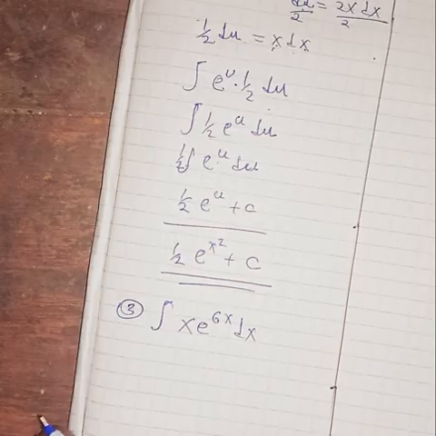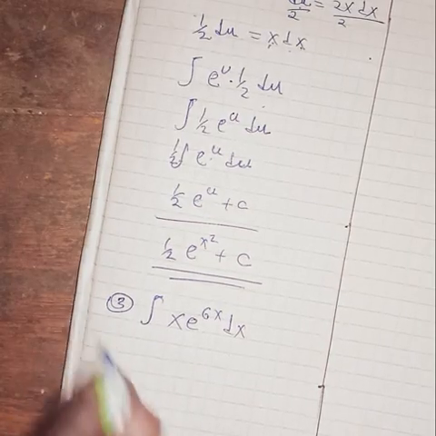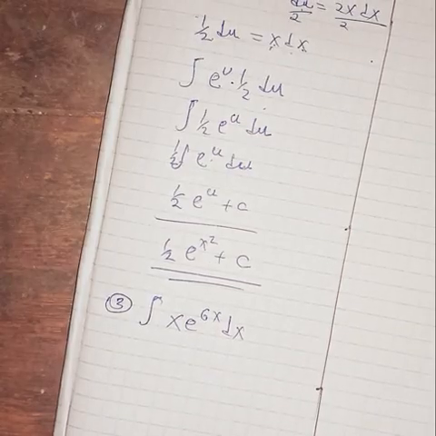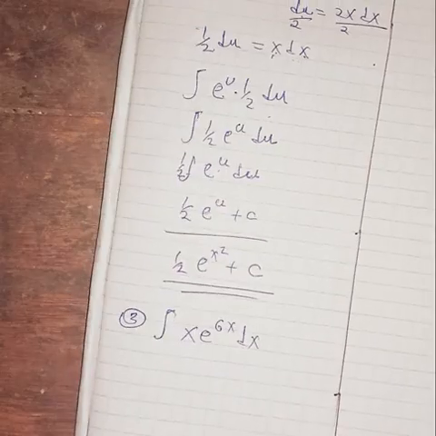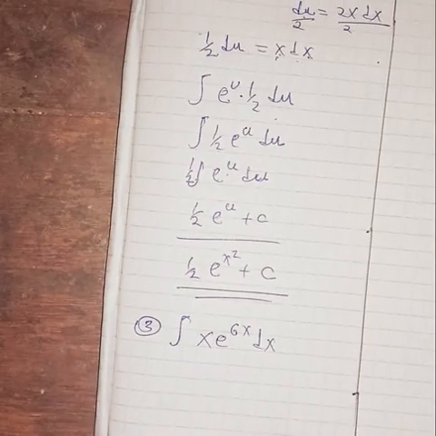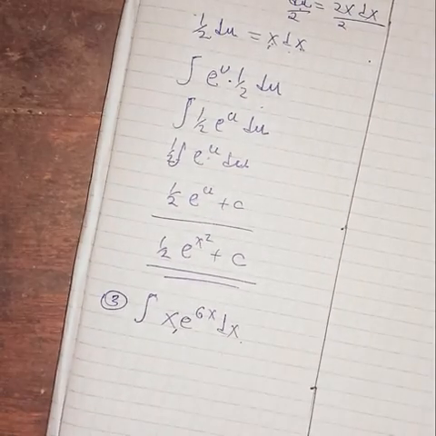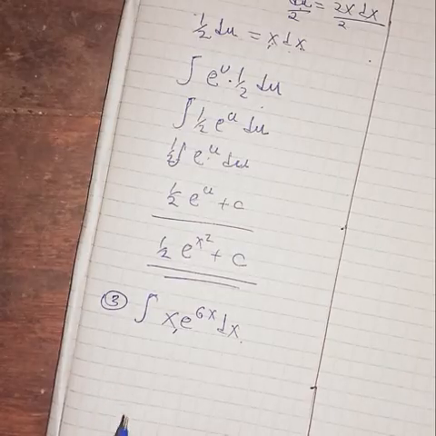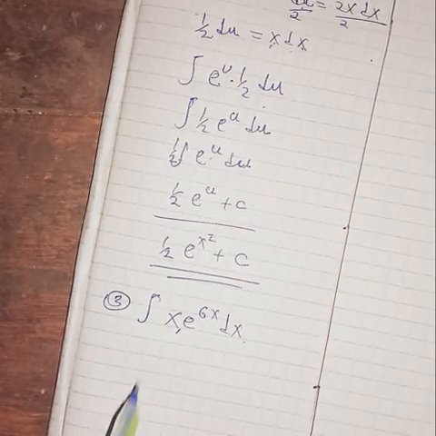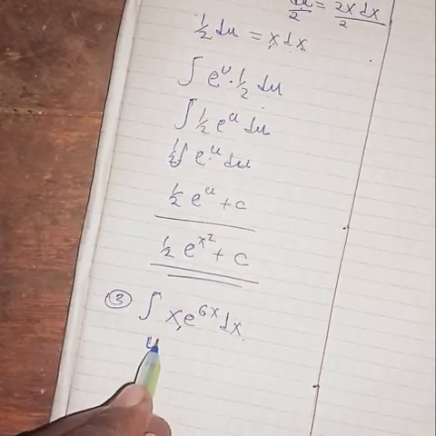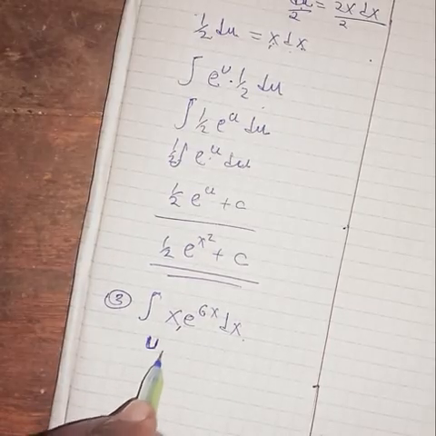What is the formula? The formula states that in every function there must be two parts, this part and this part. So in the formula we introduce something we call u and something we call v.